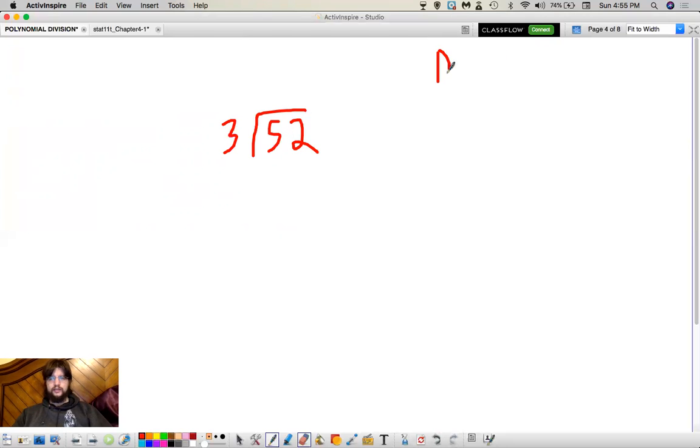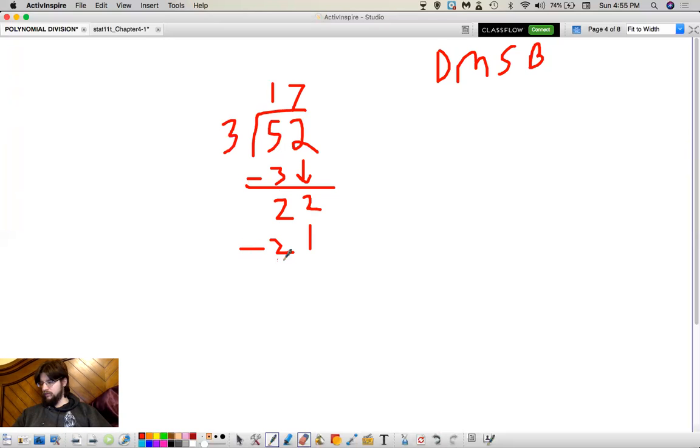Dragons mean serious business again. 5 divided by 3, that goes in 1 time. 1 times 3 is 3. Subtract. Bring down. Divide. 22 divided by 3, that goes 7 times. 7 times 3 is 21. Subtract. And there's nothing to bring down. So you could do your decimal thing and keep going, but what if we just want to leave it as a remainder? A remainder of 1.